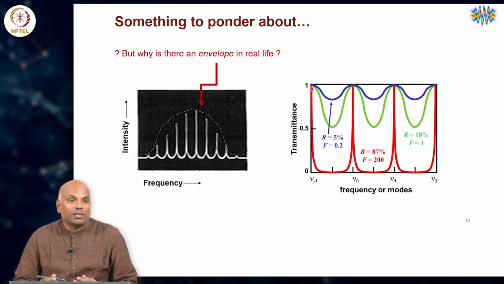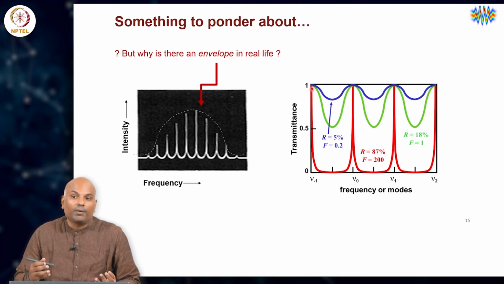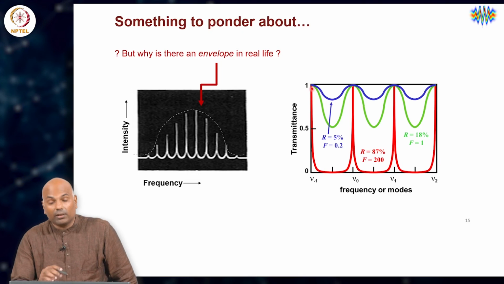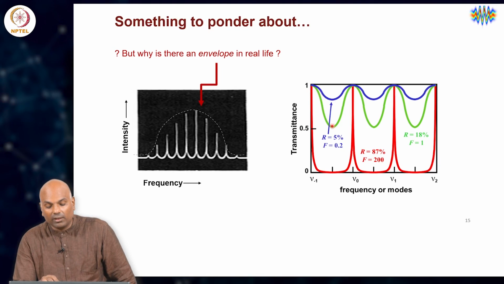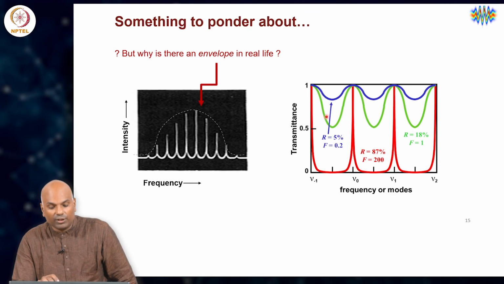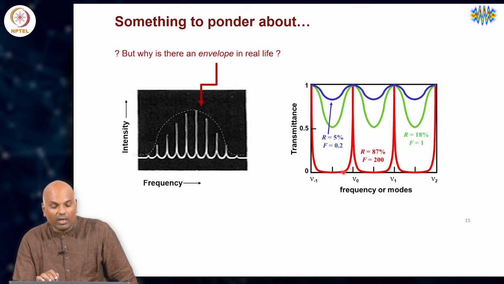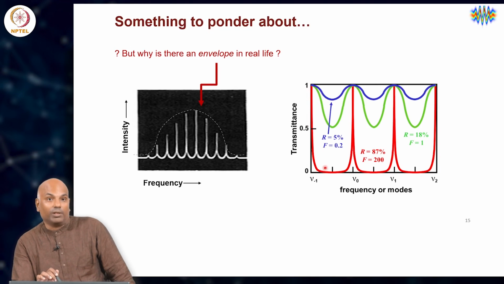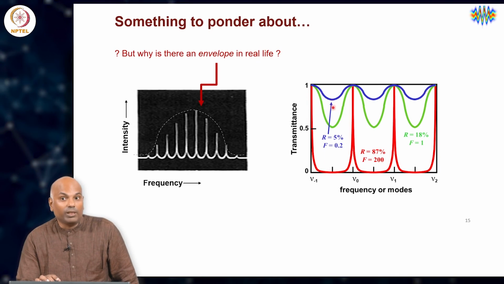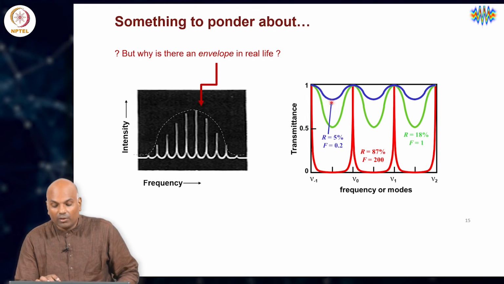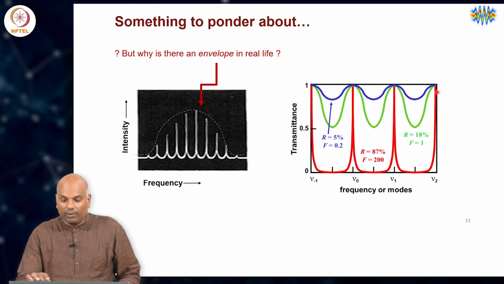So, in some sense, even poor reflectors can make reasonably good cavities, except that the quality of the cavity, which you can measure as the ratio of the maximum to the minimum transmittance, that contrast will decrease. It is not that the transmittance is going to decrease. That is the important point that we must make.